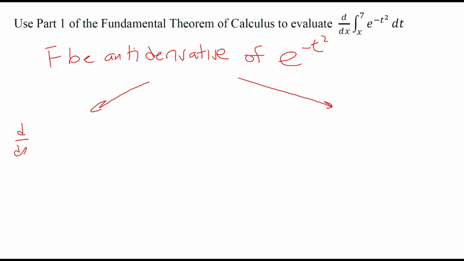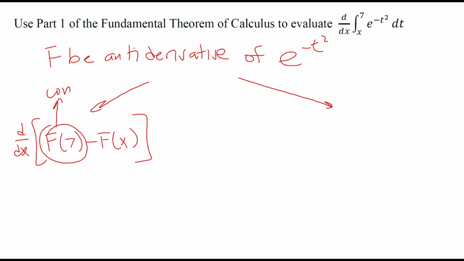This is now the derivative with respect to x of capital F of 7 minus capital F of x. Well, that's just a constant, so its derivative is 0. We're just left with the opposite of the derivative of capital F, which is just e to the negative t squared, and then we evaluate it at x. So it's just negative e to the negative x squared.